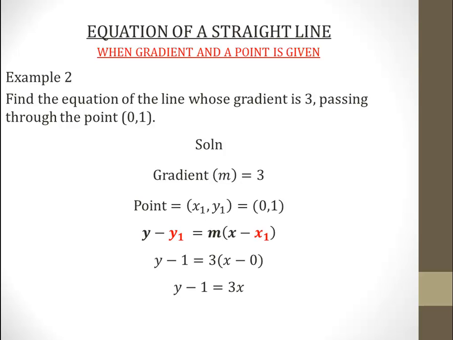So I'm going to arrange it in the general equation form. It means I have to begin with x, then move to y, then a constant before my equal to 0. So I'm going to get 3x minus y plus 1. That is moving y minus 1 to the other side where 3x is, so that we make one side equal 0. So this is my answer for example 2.